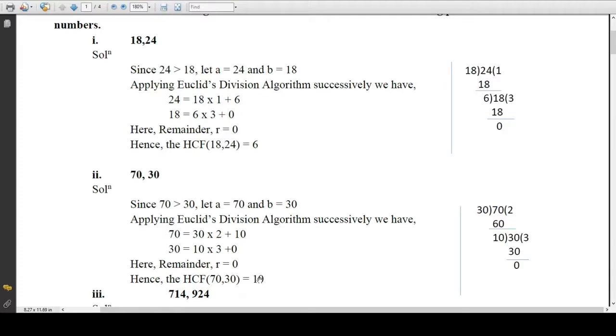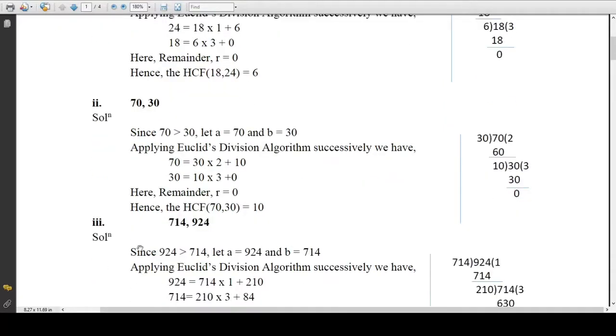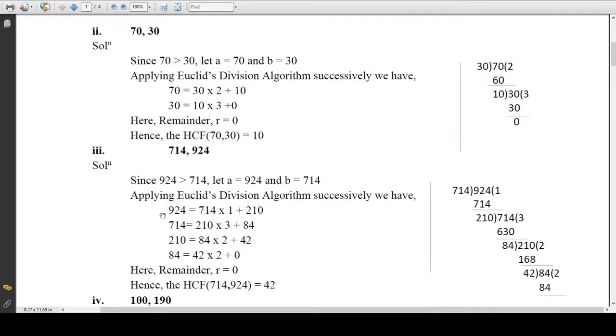which is 10. Okay. The third one, you'll take A as the bigger number, 924, and B as the smaller number, 714. Apply EDA again. We have 924 is equal to 714 multiply with 1, remainder 210. Then 714 divided by 210, you'll go with 3 is 630, remainder is 84.